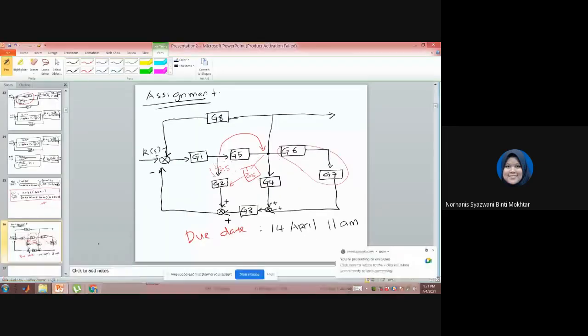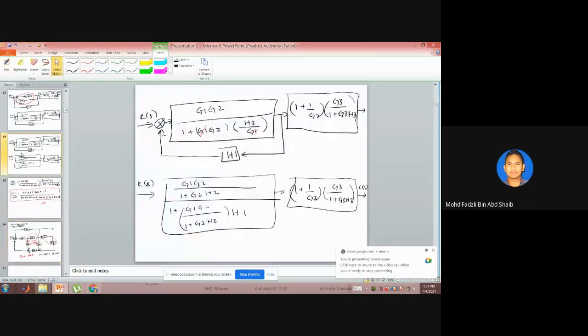Doktor, boleh tak nak tengok yang page 14 tadi? This one is it? Yes, Doctor.